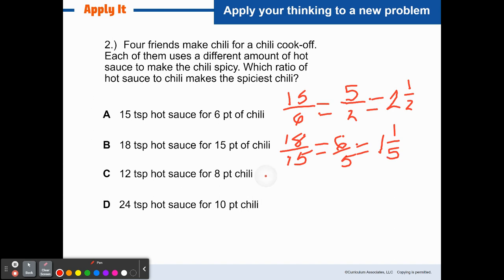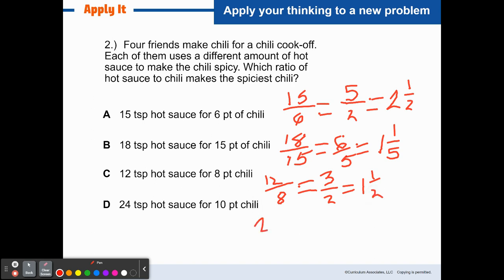And let's see, 12 to 8. So, 4, 3, 2, 1 and 1/2.